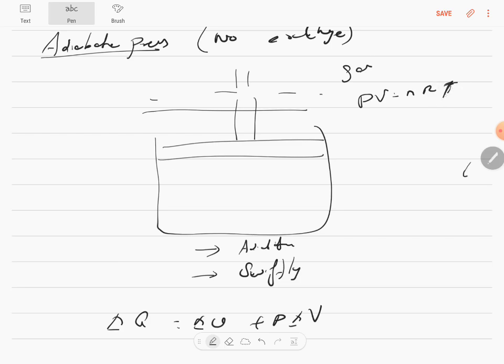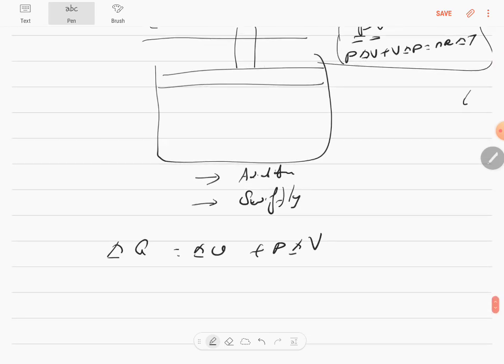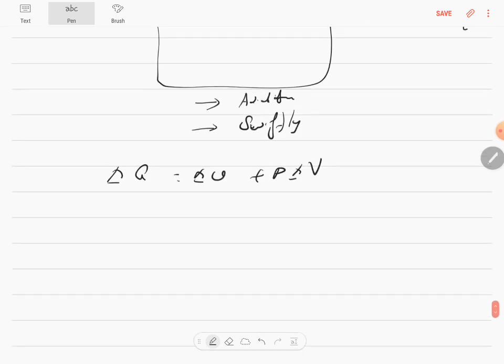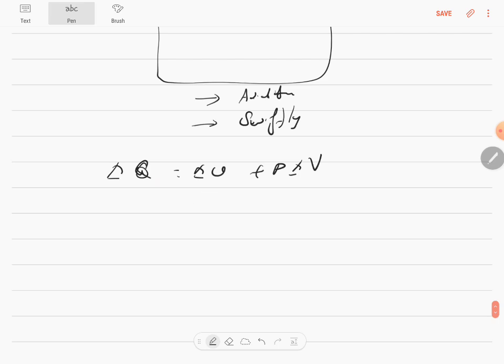You have to take a derivative for that also, as U and V. So P into delta V plus V into delta P is equal to nR into delta T. It's differentiated as U and V. This is something you have to take into consideration while doing the adiabatic process. So the gas equation changes like that. Coming back to delta Q is equal to delta U plus P into delta V, there's no flow of heat, so delta Q becomes 0.